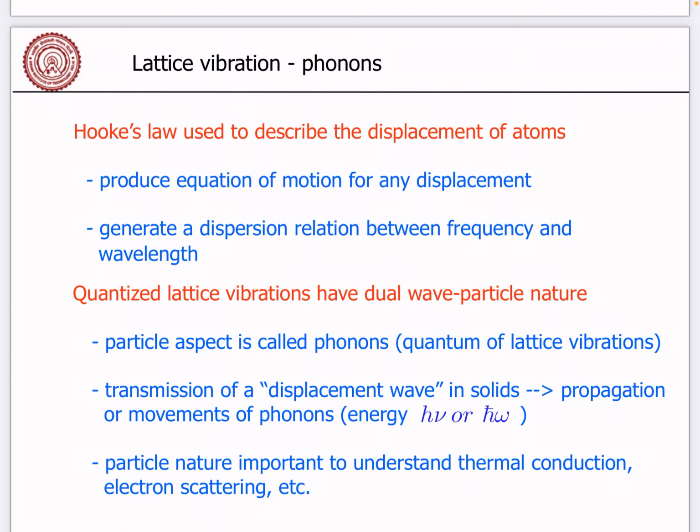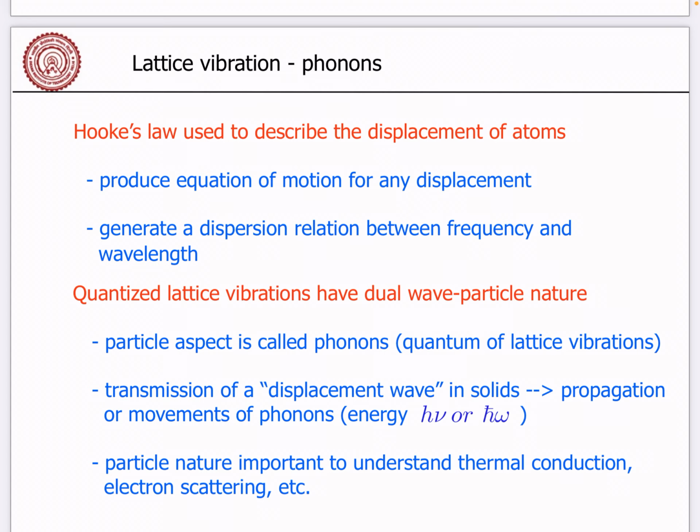So we try to see what is the behavior of the energy or the frequency. You can write energy in terms of frequency. So what is the behavior with respect to the corresponding wave vector in this case.